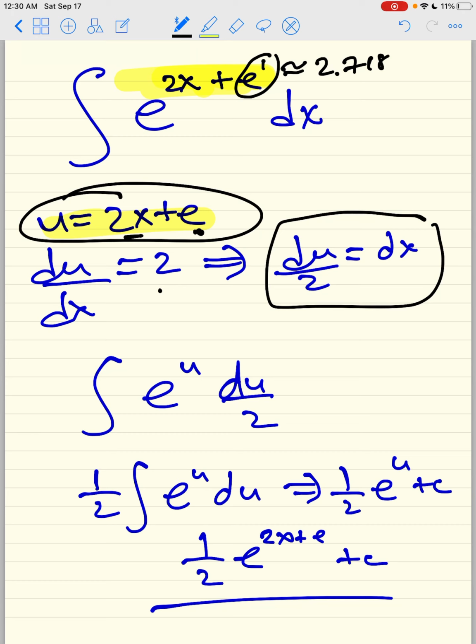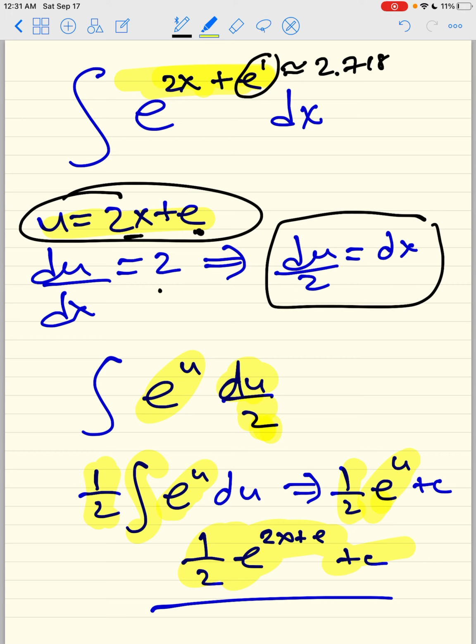So you go back in order and you put e to the u, du over 2. I'm going to pull out the 1/2, and I have the integral of e to the u. When you integrate that, it's just going to be e to the u. And then your final answer will be 1/2 e to the 2x plus e. Just remind yourself that e to the first is just a number. E squared is just a number.